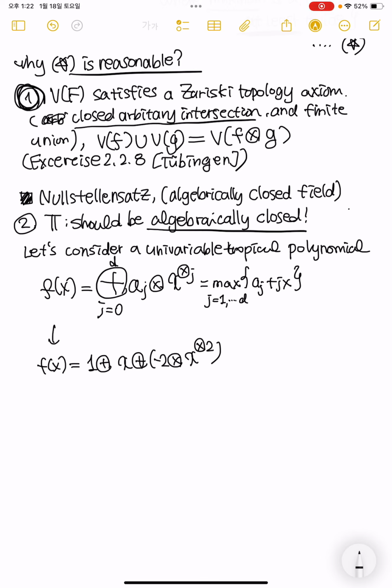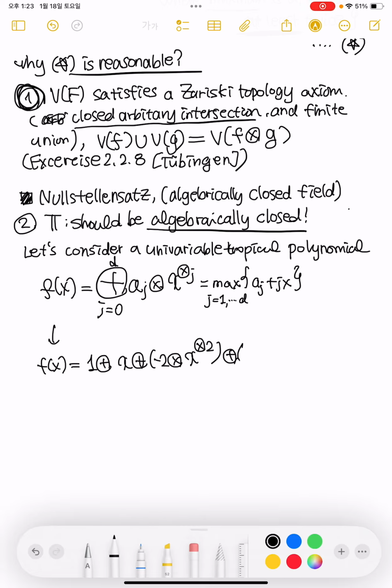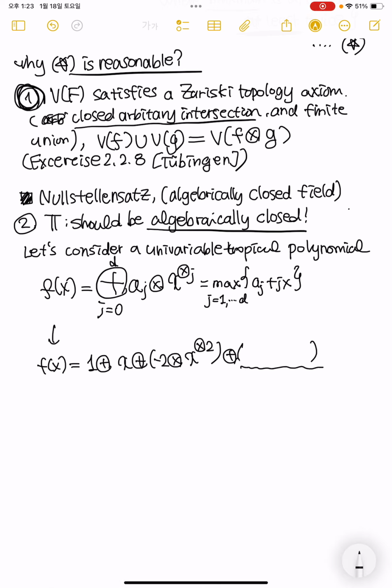If we add another term, adding another term, that would be like this. Then we should write this 1x, 2 plus 2x, 2 plus 3x, and so on.